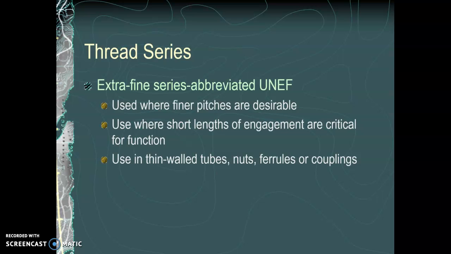And then extra fine, it's basically the same advantages and disadvantages of fine threads, but even more so. So when you want even finer adjustability, when you have even shorter lengths of engagement, or you're drilling into a very thin-walled tube, or something along those lines, it is more helpful to have extra fine threads.